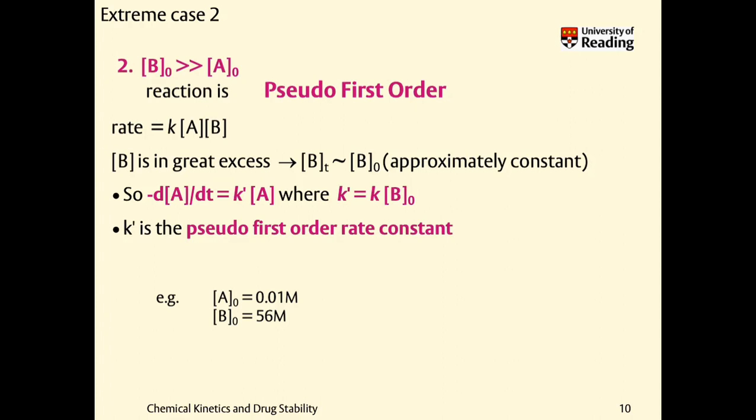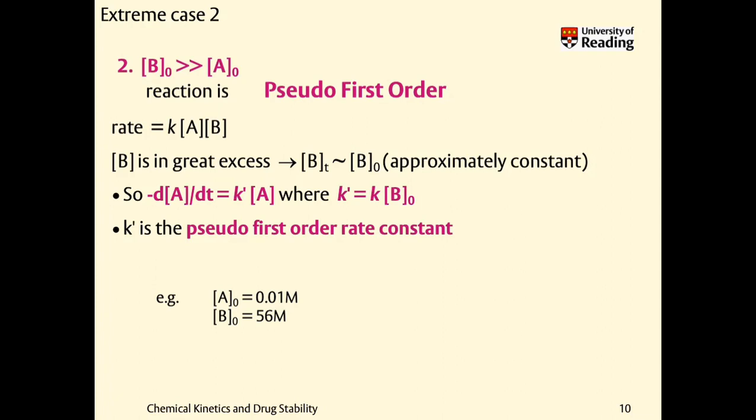So in a case where the concentration of one of the reactants is very much greater than the concentration of the other, what happens to the maths? So the rate, as we know, equals K times the concentration of A times the concentration of B. B is in great excess. So that means that throughout the reaction, it looks like the concentration of B doesn't change, because compared to the concentration of A, it appears not to change.